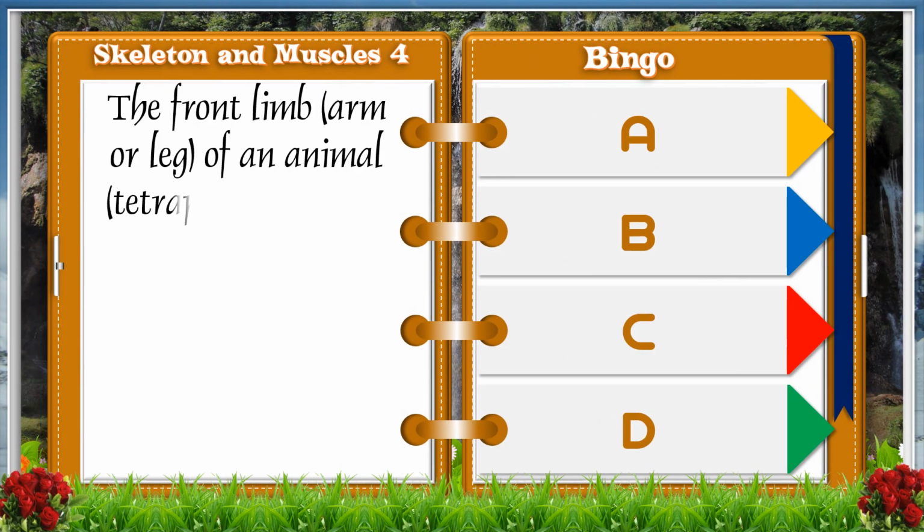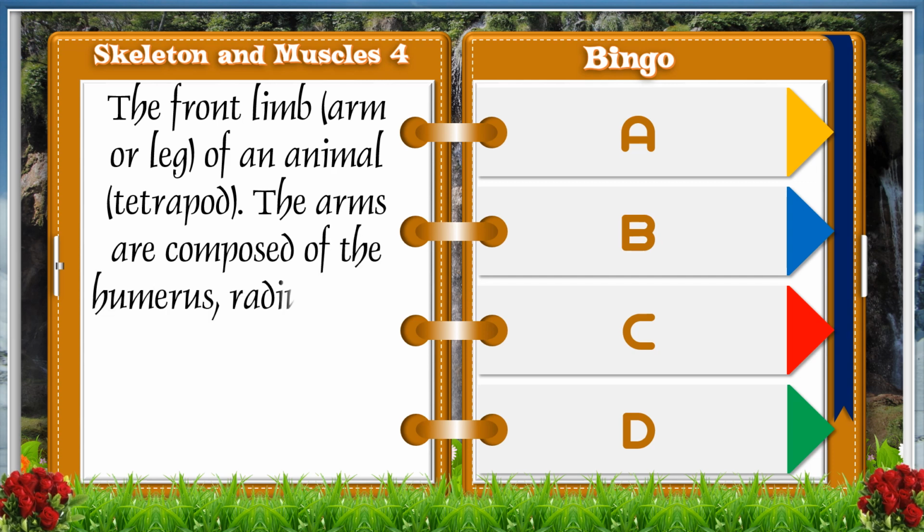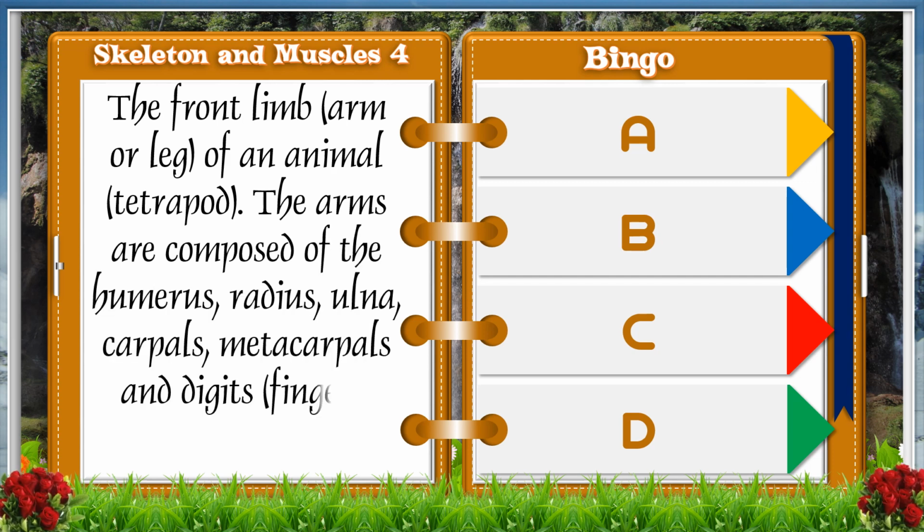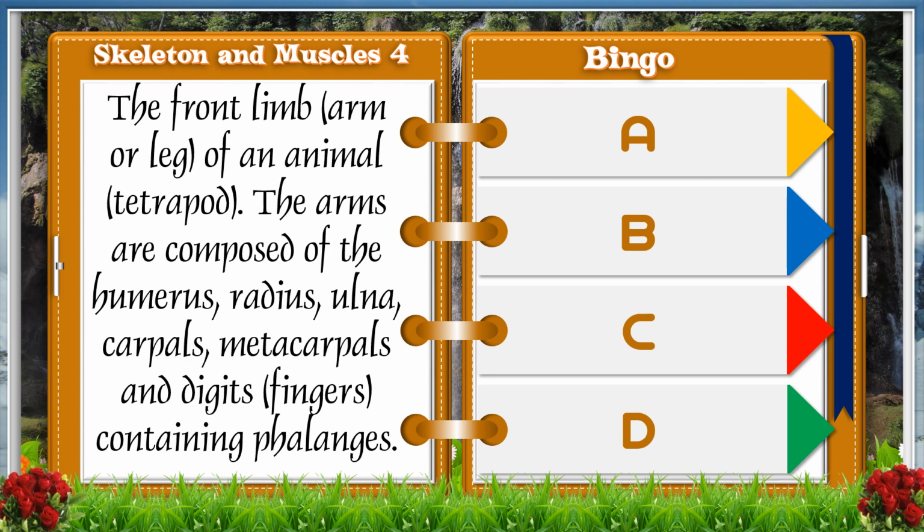The front limb, that is the arm or leg of an animal, the tetrapods. The arms are composed of the humerus, radius, ulna, carpals, metacarpals, and digits, or what we call fingers, containing phalanges.